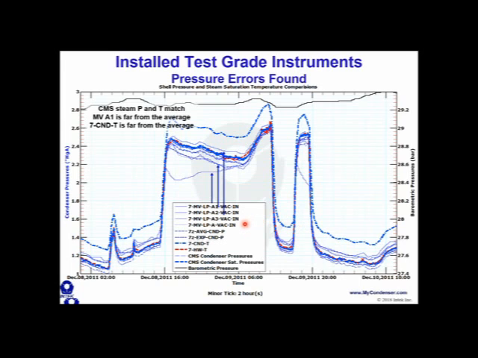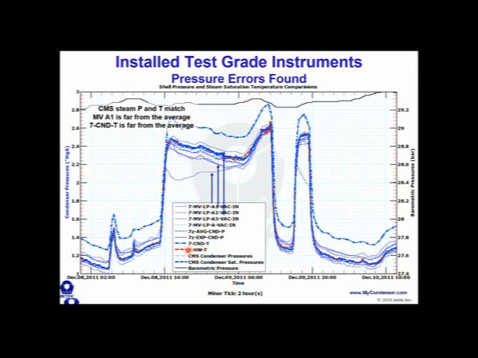So in this particular condenser, we also have some test grade instruments that we installed as part of the project. So we have these 2 right here, the CMS. That's our acronym for our monitoring system, but these are test grade temperature, independent temperature, and a separate pressure measurement on the steam in the condenser shell.